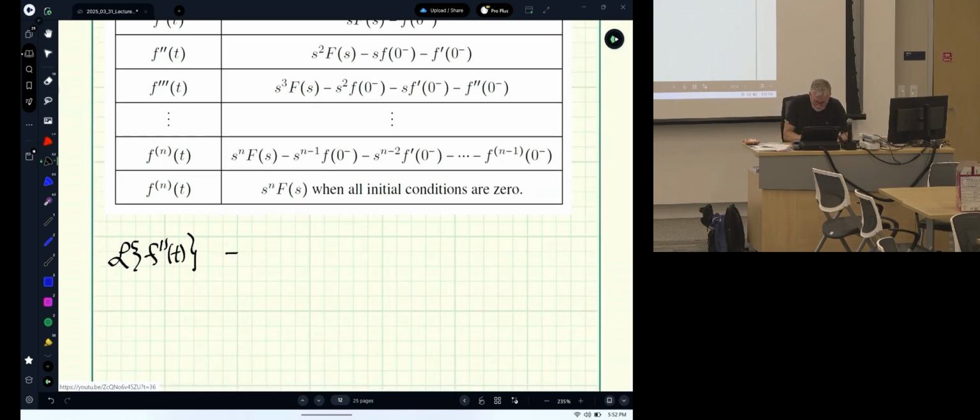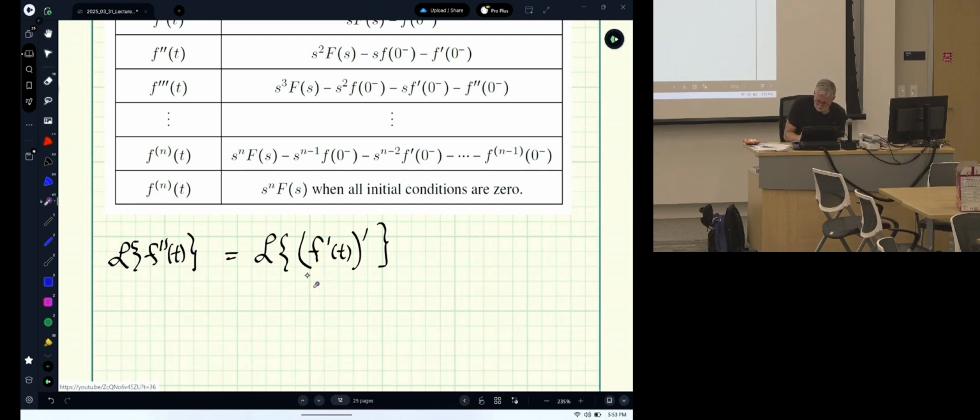Okay. So let me write this in a way that I can apply our previous result. Okay, so the second derivative is the derivative of the first derivative.